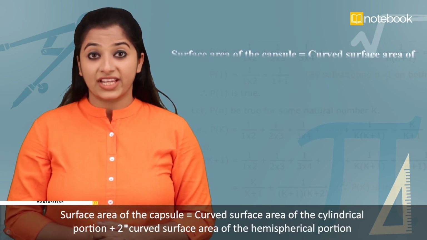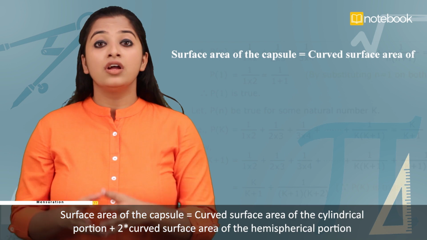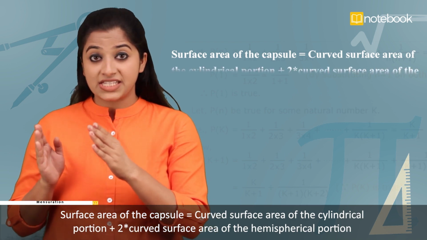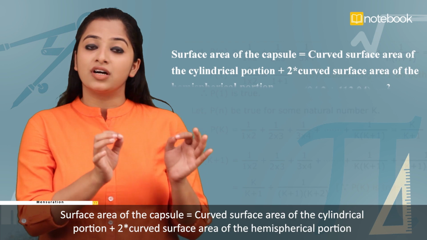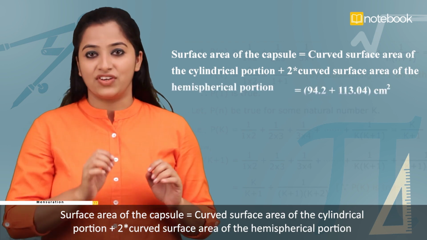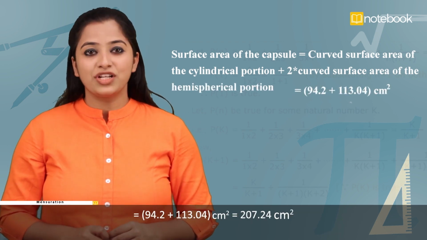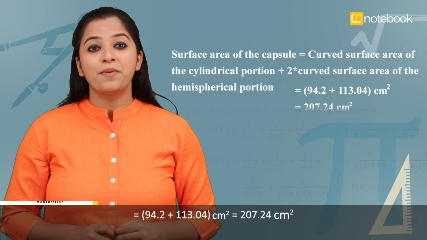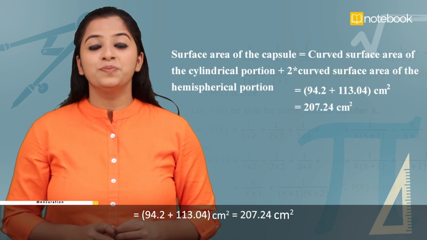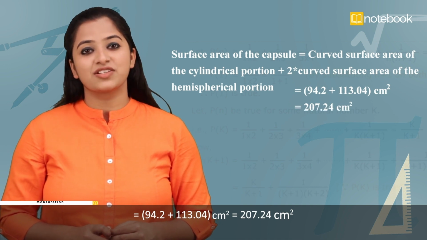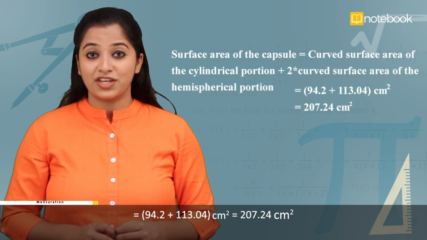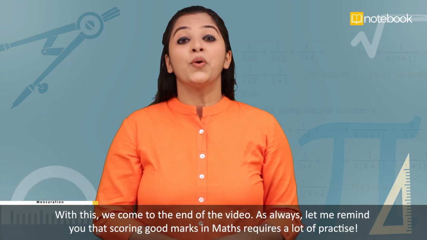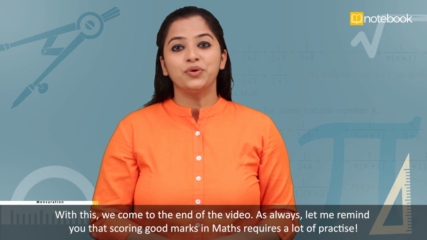Surface area of the capsule is equal to the curved surface area of the cylindrical portion plus 2 multiplied into the curved surface area of the hemispherical portion, which is equal to 94.2 plus 113.04, which is equal to 207.24 square millimeters. With this, we come to the end of the video.